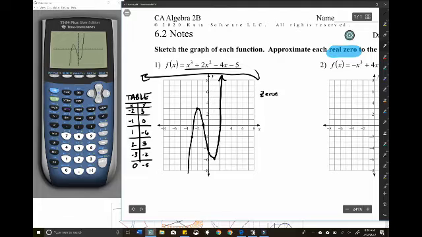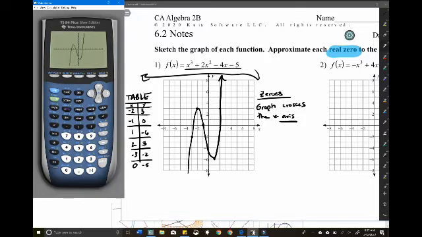Zeros are where the graph crosses the x-axis. So to find zeros, you need to go to second trace.